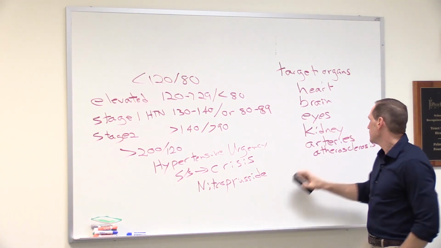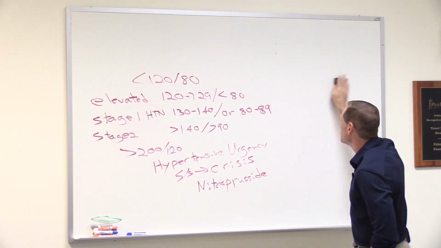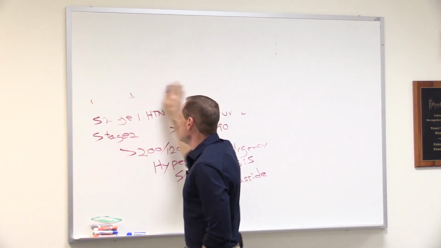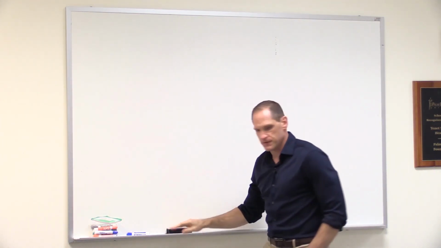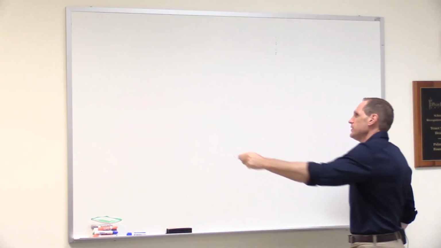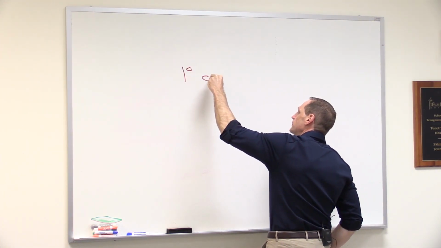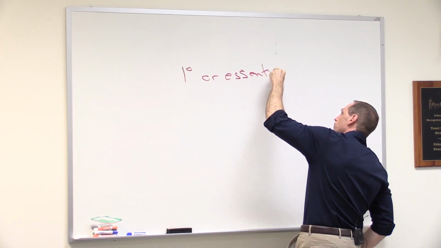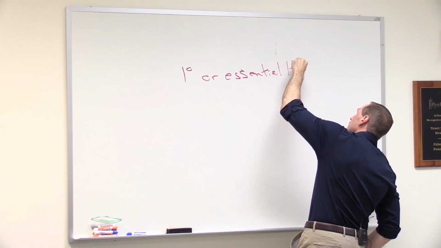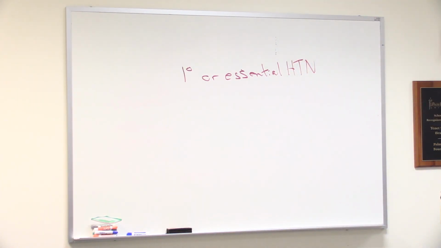So before we can treat high blood pressure, we have to distinguish some causes. And there are 2 major types of high blood pressure. The first one is called primary or essential. What that means is that there's no single identifiable cause of the high blood pressure.